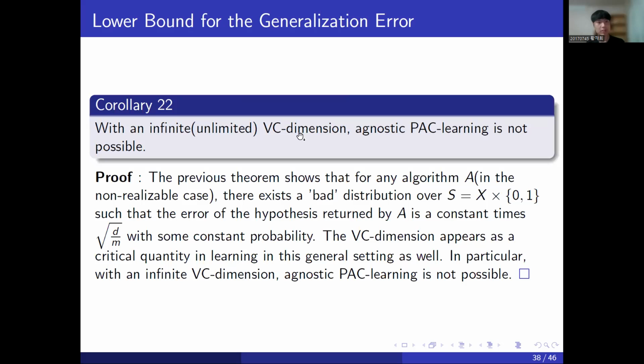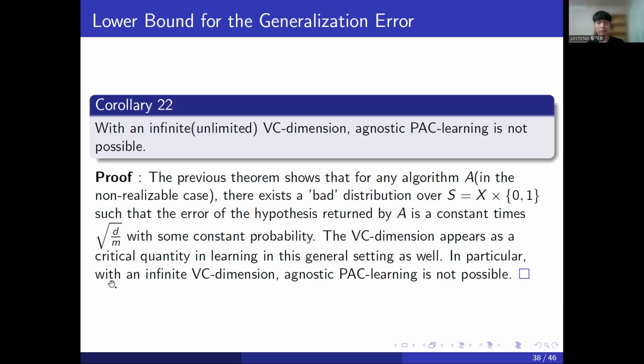The proof is this. The previous theorem shows that for any algorithm A in the non-realizable case, there exists a bad distribution D such that the error of the hypothesis returned by algorithm A is a constant times this term with some constant probability. The VC dimension appears as a critical quantity in learning in this general setting as well.